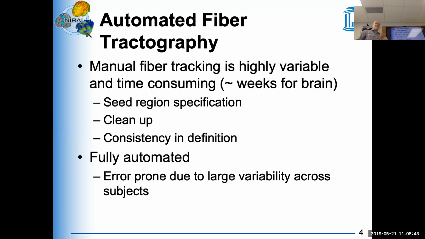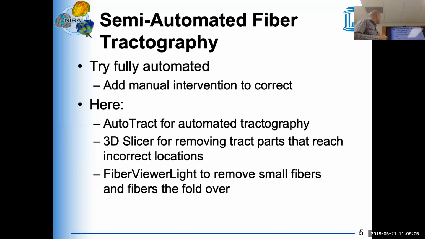If you do a hippocampus segmentation, you want the hippocampus and not also a little bit of amygdala in there. Same thing here. If you want an uncinate and not a little bit of ILF in there, then you need some manual interaction. So it's not fully automated, but we can do something in between, which is semi-automated.